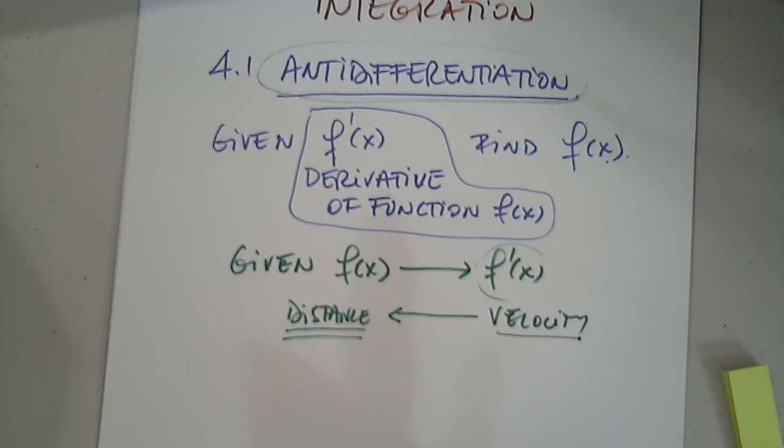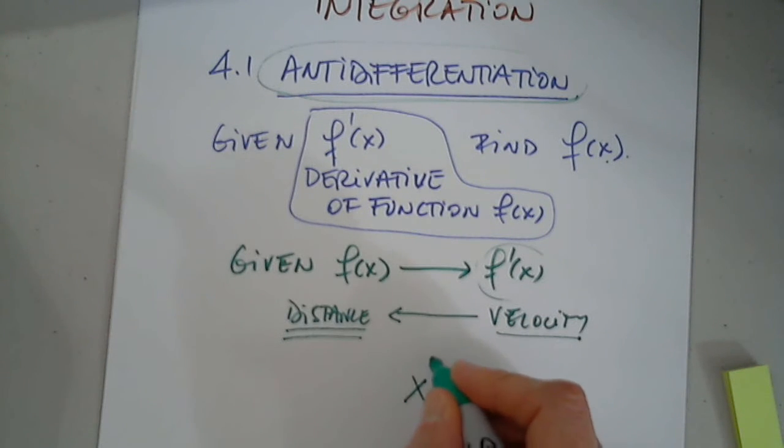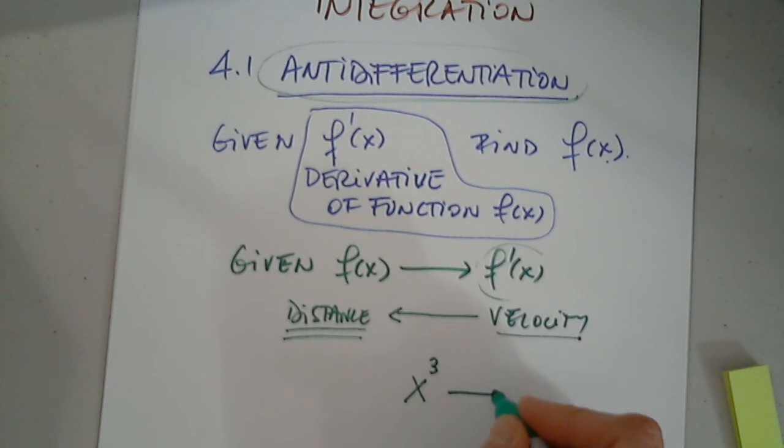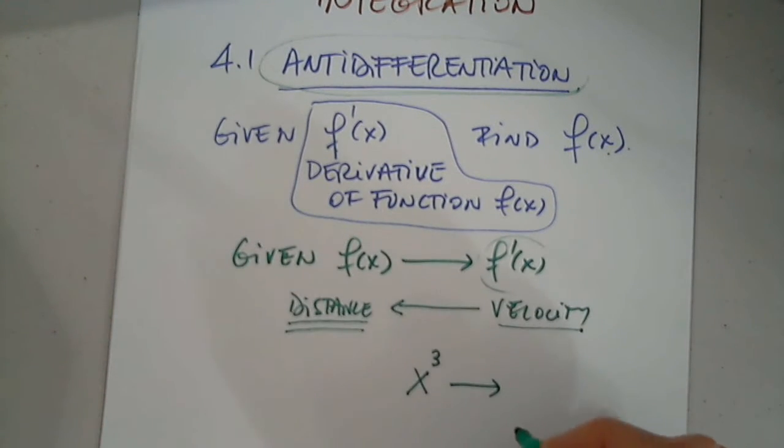So here is one rule that we'd like to discuss. If I'm given x to the third, you already told me today, at least once, the derivative of this is 3x squared.